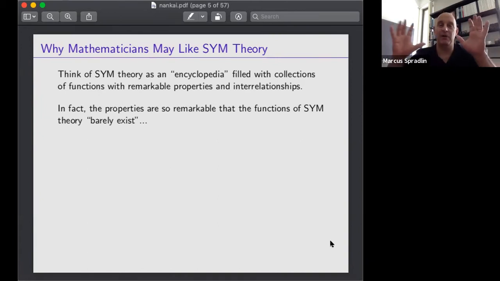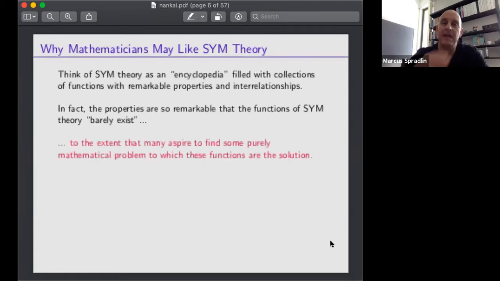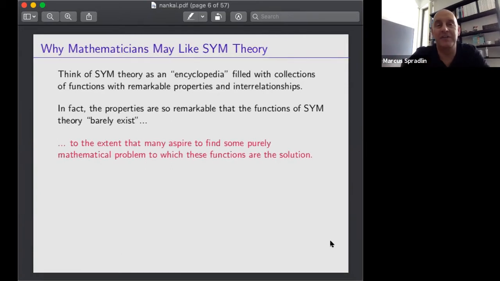It's like a tower of cards whose structure is so constraining that if you tried to tweak one little bit here or there, the whole thing would collapse. Because of that, some of us are interested in whether one can formulate a purely mathematical set of criteria or properties that uniquely determines this entire stack of cards.